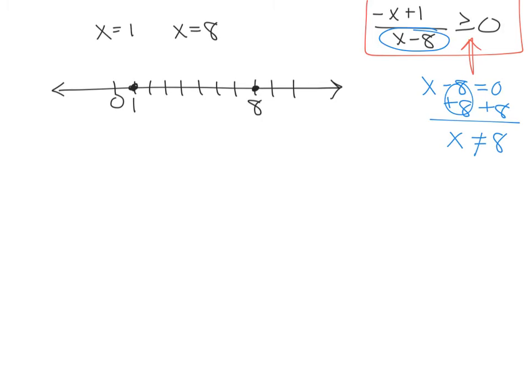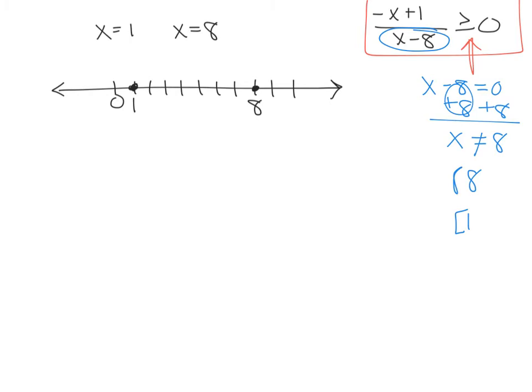So when I do my intervals on my number line, I'm going to have a parenthesis by the 8, but a bracket by the 1. So 8 cannot be included, but the number 1 can be included.